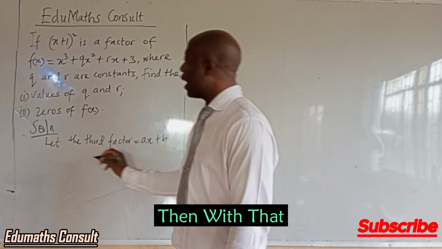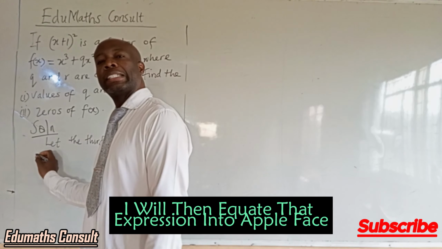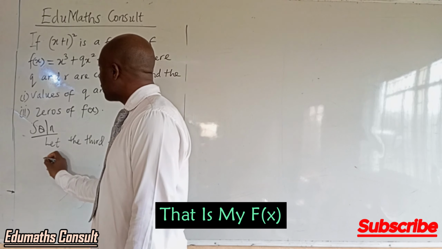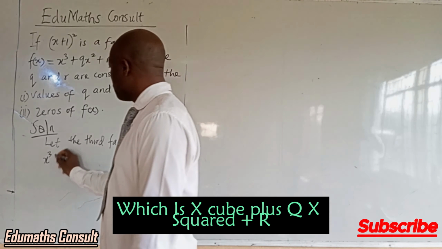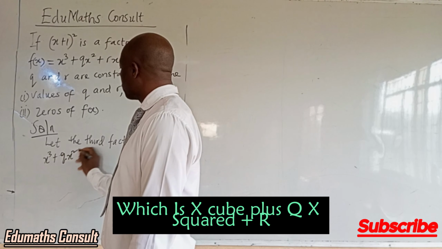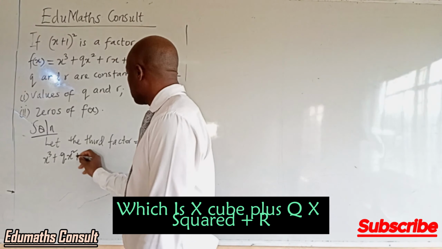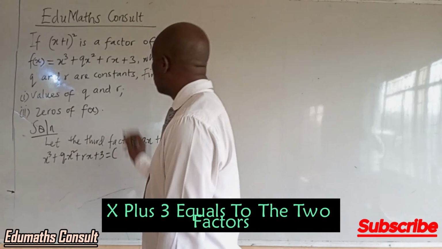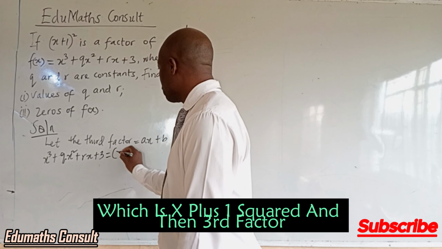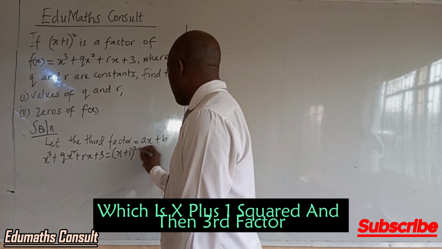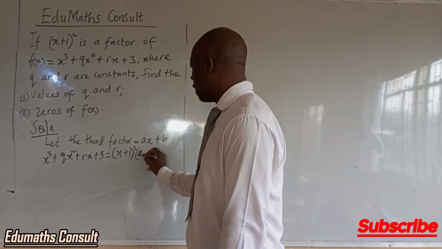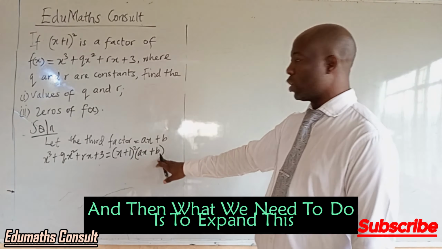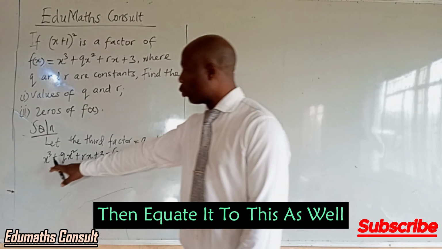Then I will equate that expression to f(x). That is, f(x), which is x³ + qx² + rx + 3, will be equal to the 2 factors, (x + 1)², and then the third factor, (ax + b). What we need to do is to expand this and equate it to this.